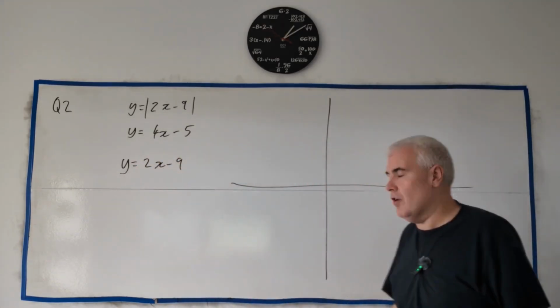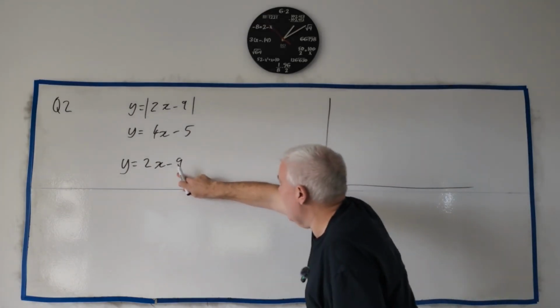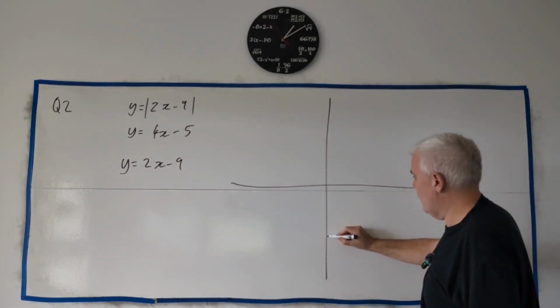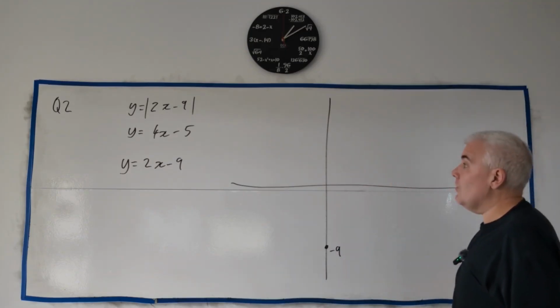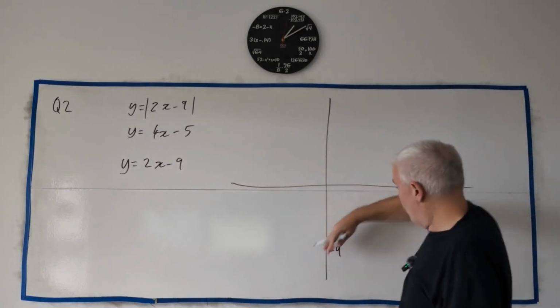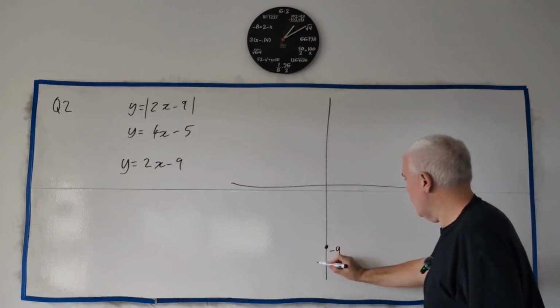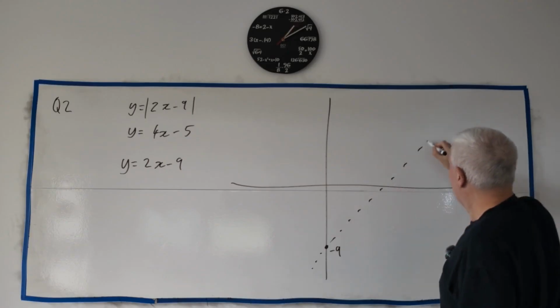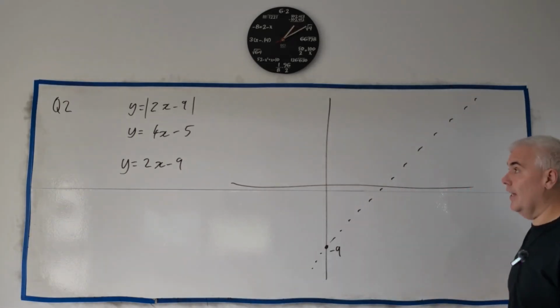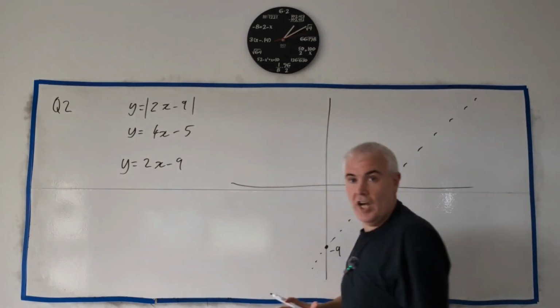Let's draw that picture first. Minus 9, that's the y-intercept. So we'll put that down here somewhere at minus 9. And 2x, that's a positive slope of 2. So let's put in a dotted line like this. That's what 2x minus 9 looks like.